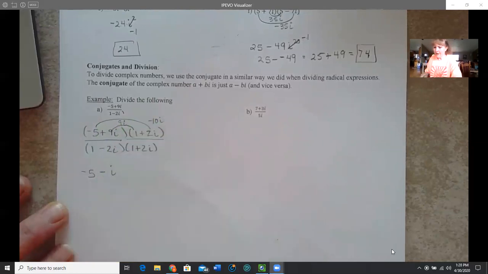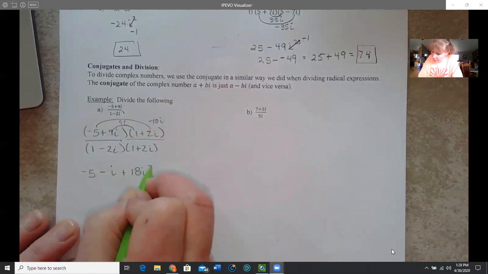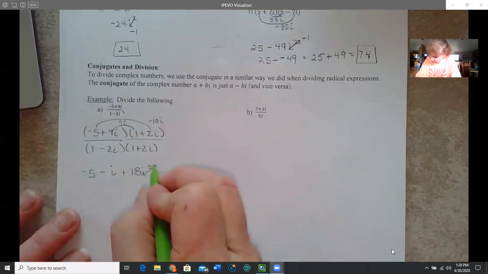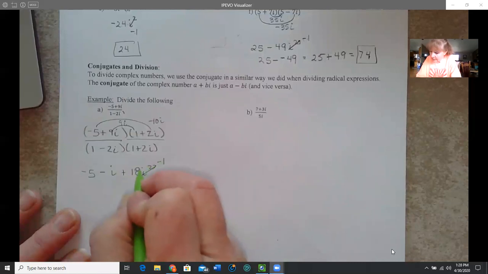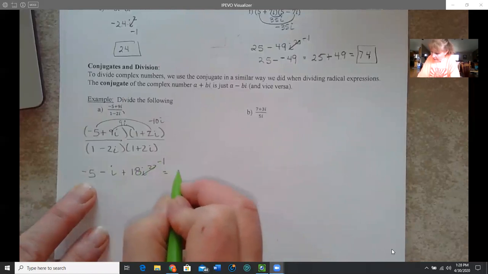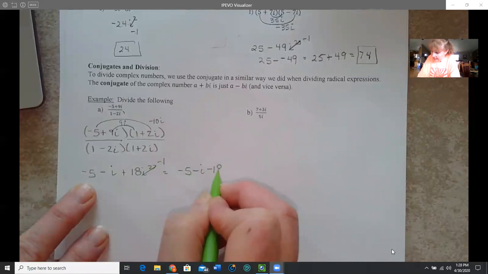I'm just going to put a negative i, not a negative 1i. You guys got that. Then we'll take the last times the last. 9i times 2i is a positive 18i squared. I'm going to finish this numerator, because when you see that i squared, it's a negative 1. So a negative 1 times 18 is a negative 18. Negative 5 minus i minus 18.